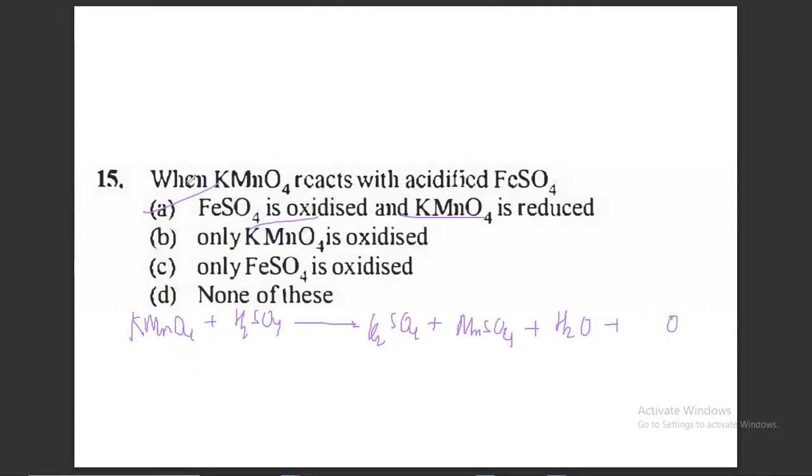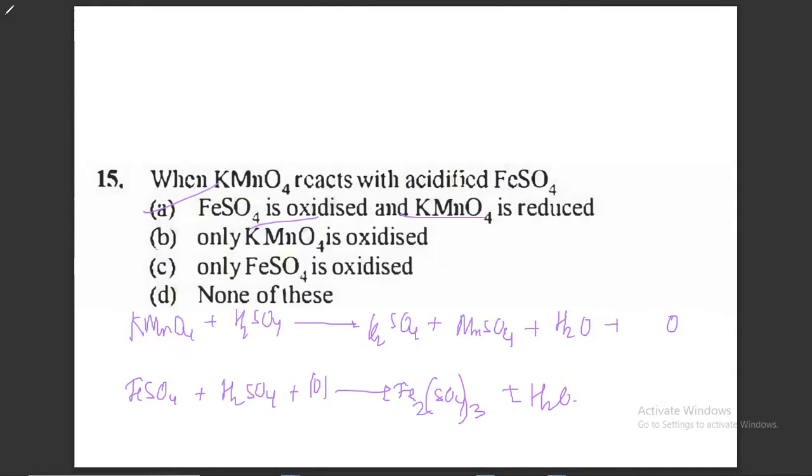Next is this ferrous sulfate salt, FeSO4, when treated with sulfuric acid and this nascent oxygen so as to neutralize it later on. You are adding ferrous sulfate and water.